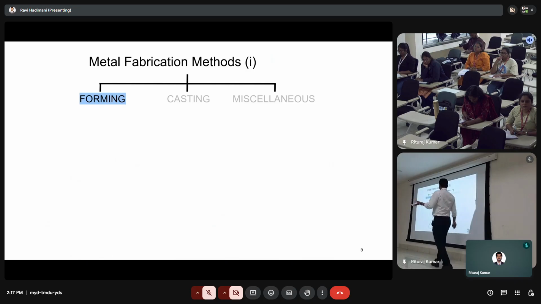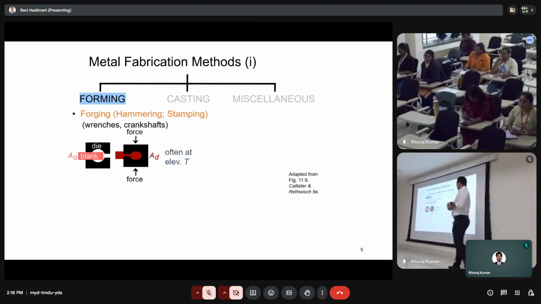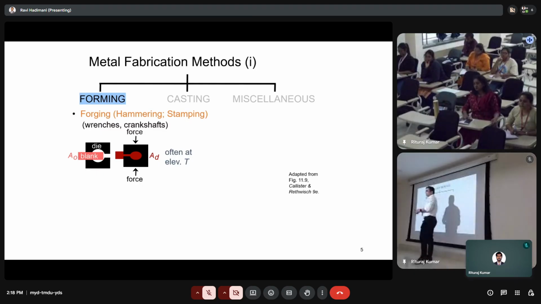So what are different techniques, metal fabrication techniques? One is forming, casting, and miscellaneous, right? So the first one is forming, and in forming, you have various techniques. One is forging, where you hammer it at a high temperature and get the shape you want.